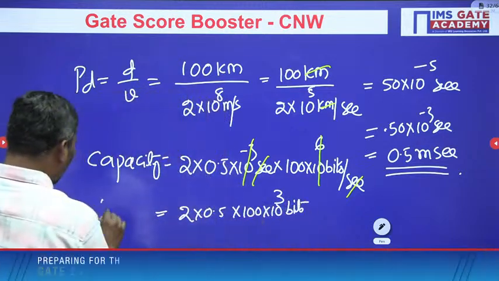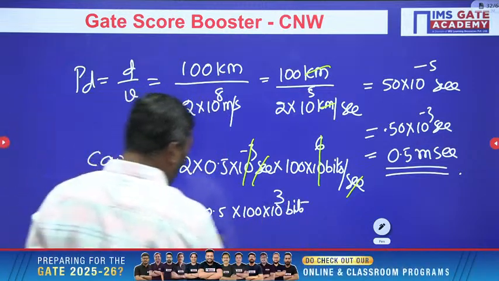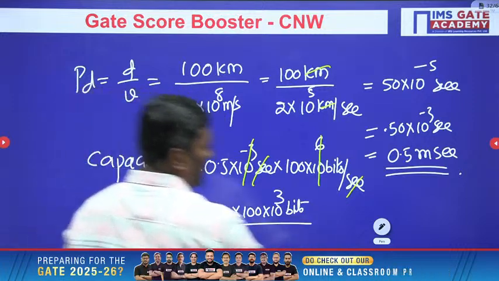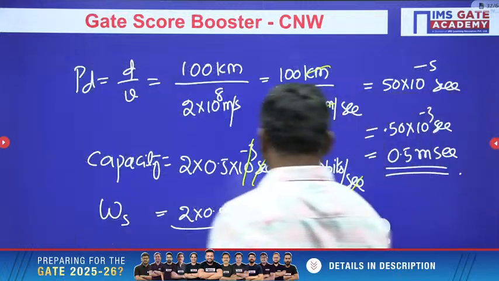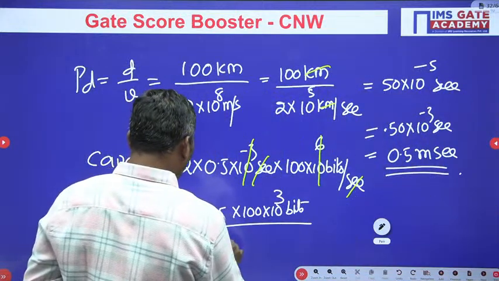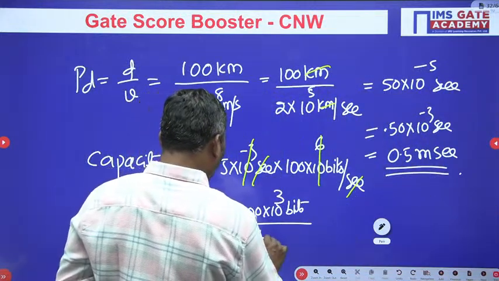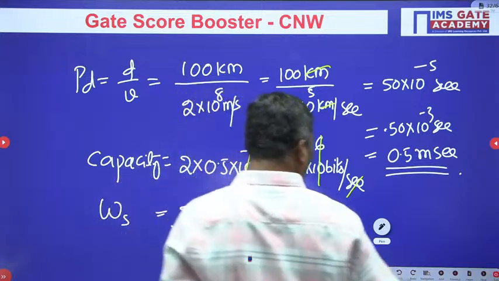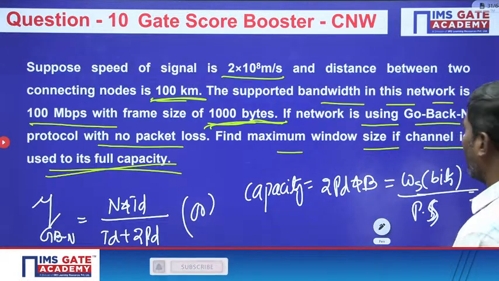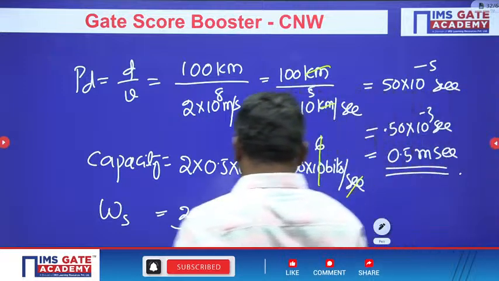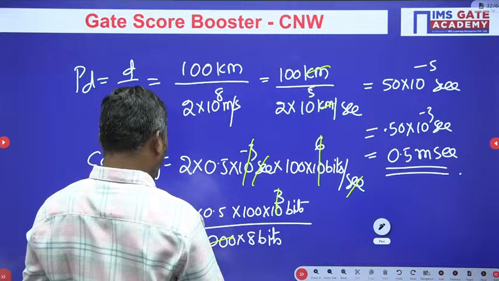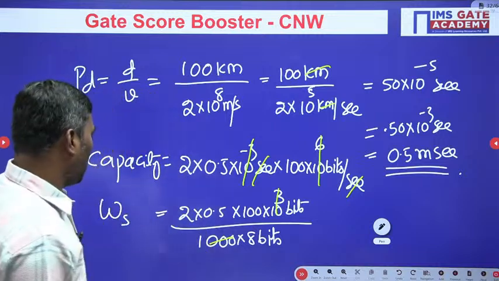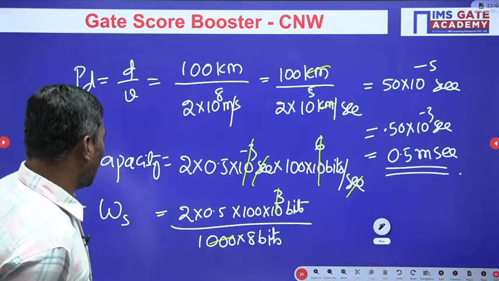This is the window size we got in terms of bits, divided by the packet frame size. What is the frame size? 1000 bytes, so 1000 into 8 bits. 1000 into 8 bits only? Yes. Okay, then this cancels. What other things can be cancelled here?